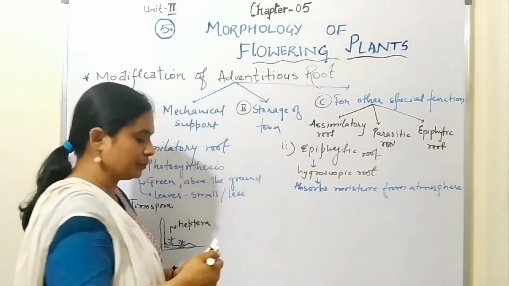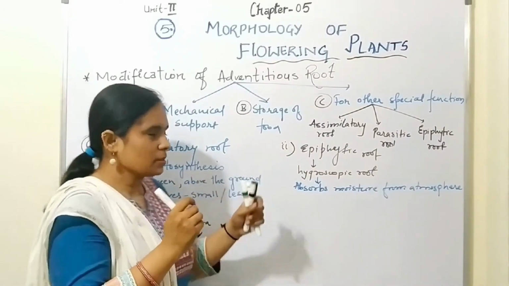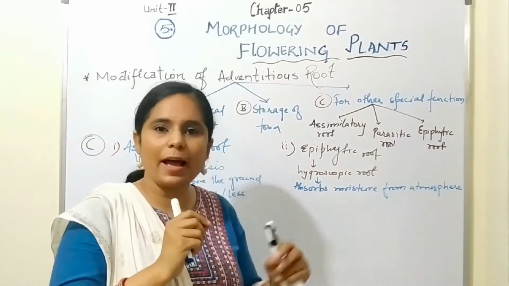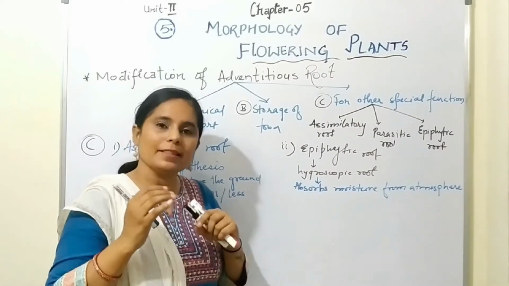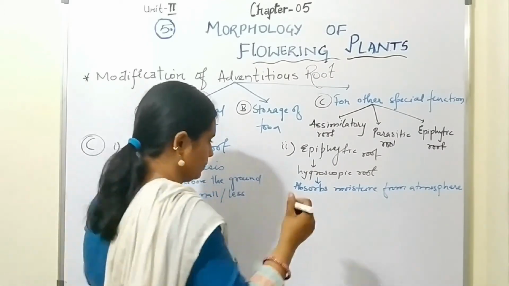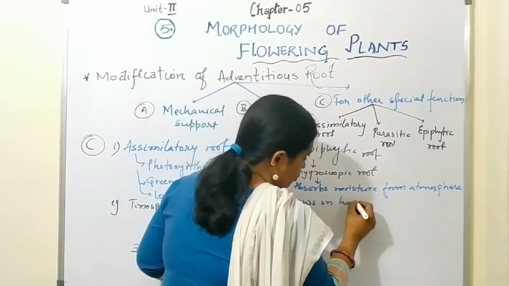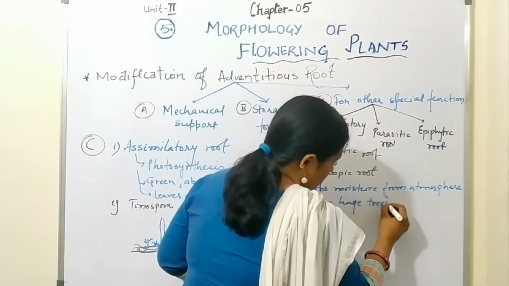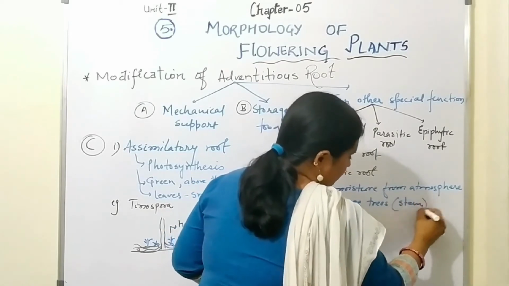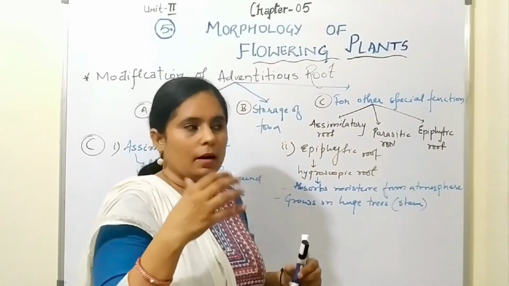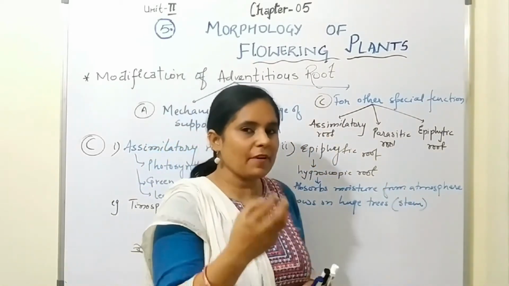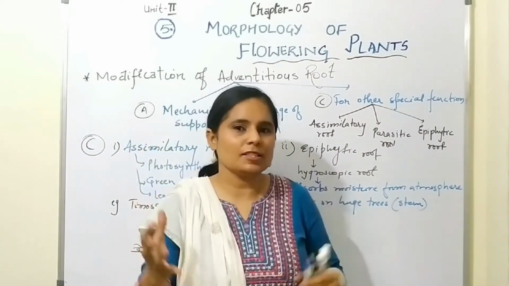Okay, so the plants which have these epiphytic roots grow on huge trees, on the stems of huge trees. Why? You will find epiphytic plants in dense forest.